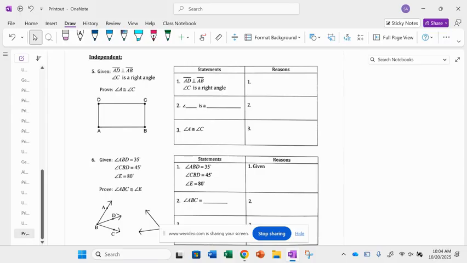And then angle A is congruent to angle C. And we can say congruent angles? Congruent angles means they have the same measurement, but we didn't talk about any measurement. So there was a theorem talking about what we did say, right angles. Yeah, and that would be the reason. Perfect.